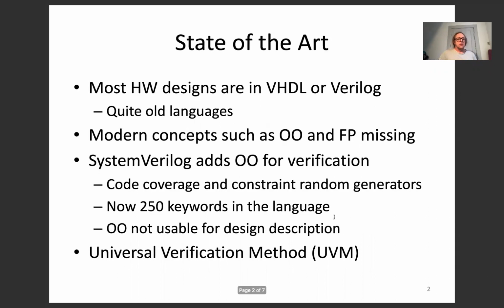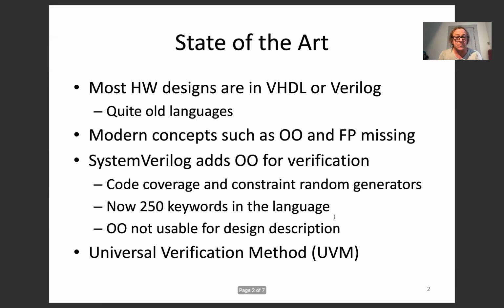So what is the current state of the art in hardware design and verification? Most hardware designs are still in VHDL and Verilog, and those are, let's say it, quite old languages. To a software engineer they feel almost like programming in Fortran. All these modern concepts such as object-oriented programming or functional programming are missing.